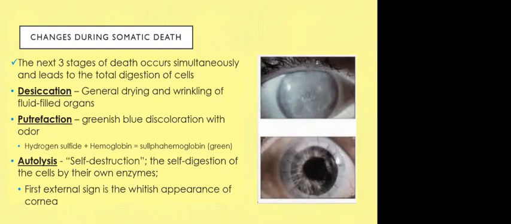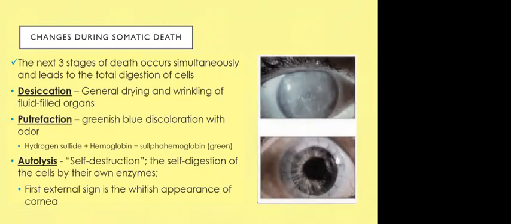Okay, for the next one, we have putrefaction. So there is greenish blue discoloration with odor. The dead body will have this foul smell. They will have this release of gas due to the invasion of the tissue by bacteria called Clostridium welchii.